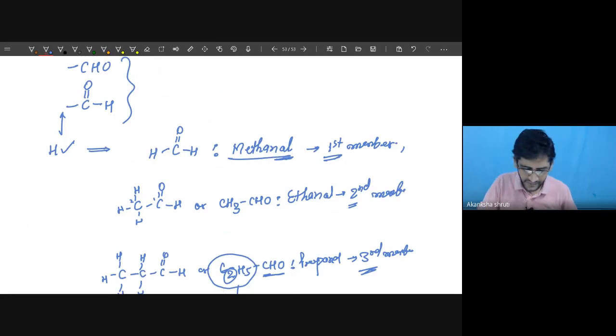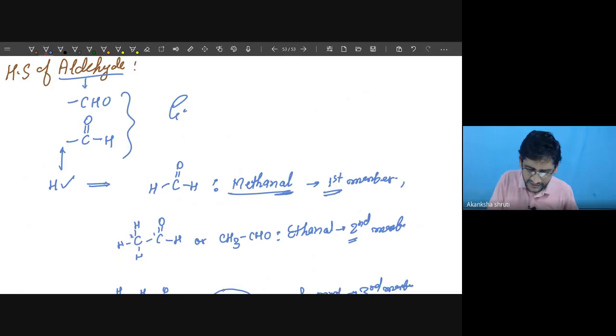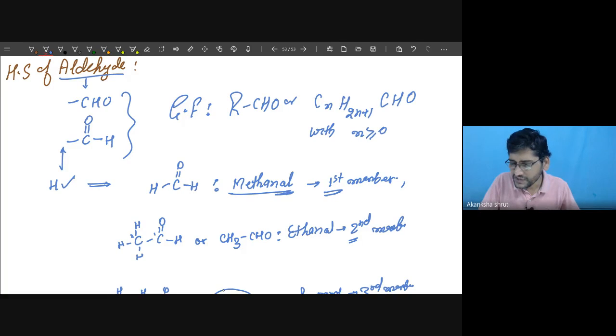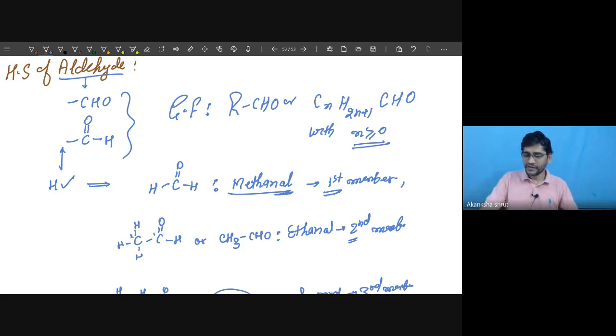So therefore the general formula can be written as RCHO or CnH2n+1CHO with n greater than or equal to 0. So once this was asked, the aldehyde general formula is this, then the value of n can be greater than or equal to 0, or greater than or equal to 1. Even this was also asked in your MCQ.